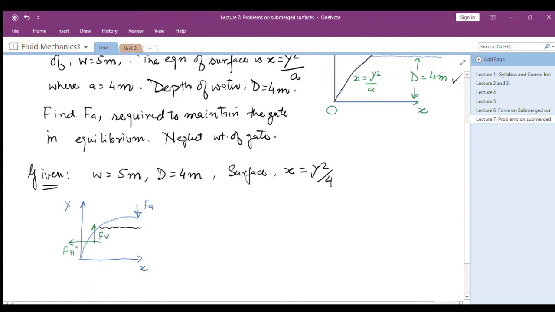Okay, now I can change this system into an equivalent system. Let me see what kind of equivalent system that is going to be.